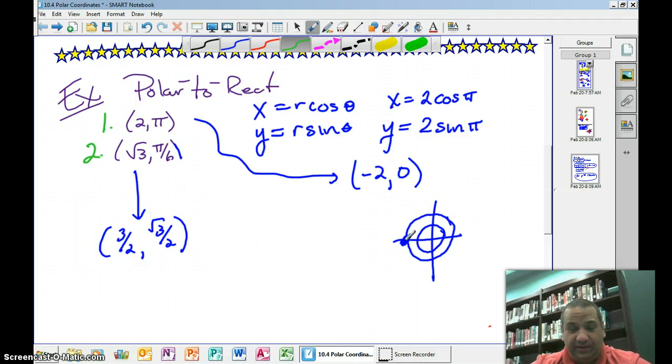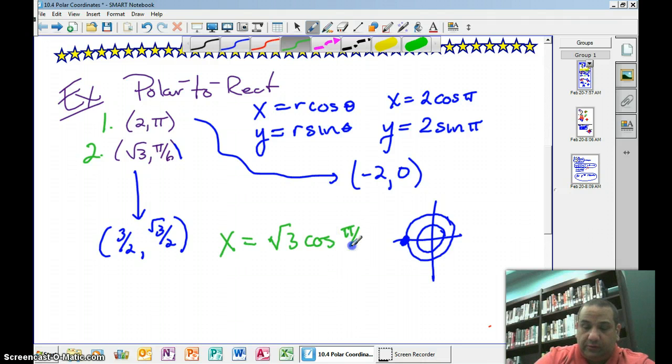I know I make it look so easy sometimes. Over here, let's go crazier. This is square root of 3, pi over 6. So x equals the square root of 3 times the cosine of pi over 6, and y equals square root of 3 times the sine of pi over 6.